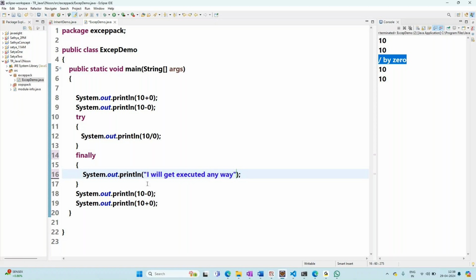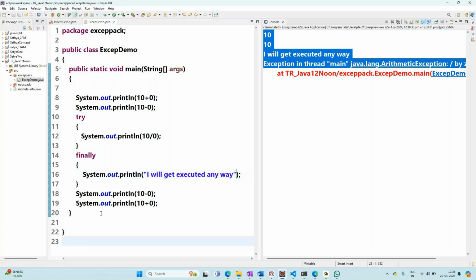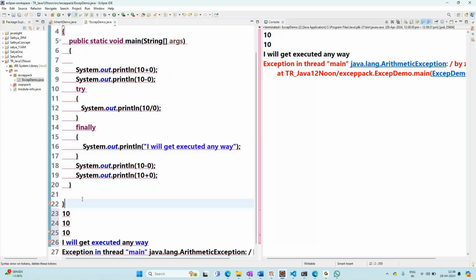Okay, so now exception not handled. You can see we got the exception, but the exception is unhandled. So that's a problem with the try followed by finally.